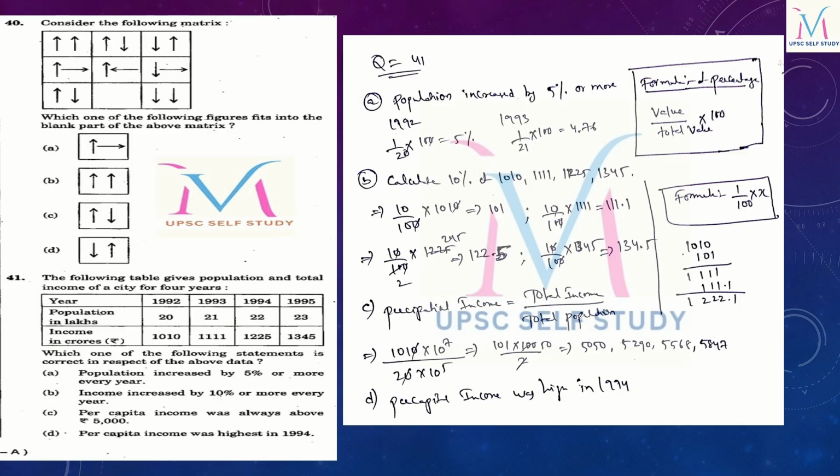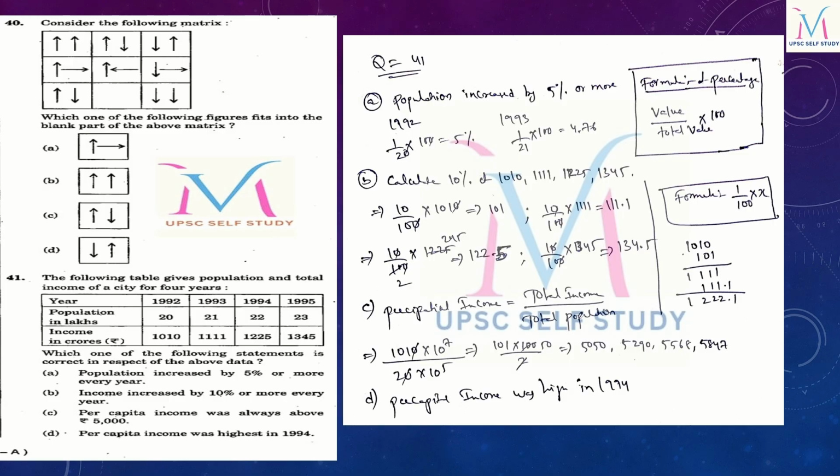The first statement is: the population increased by 5% or more every year. If we look at the solution box where I have written the given solution, option A, population increased by 5% or more. First we will calculate whether the population increased in the year 1992.